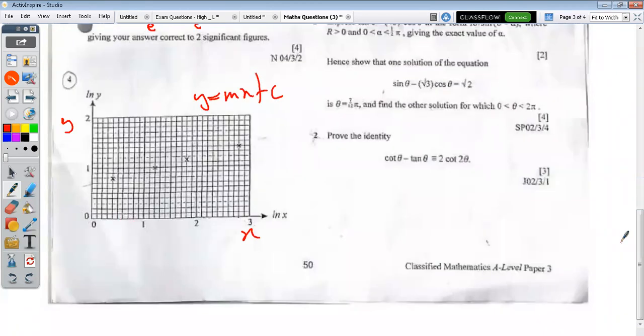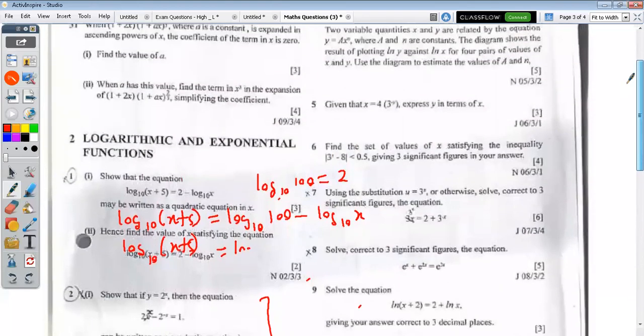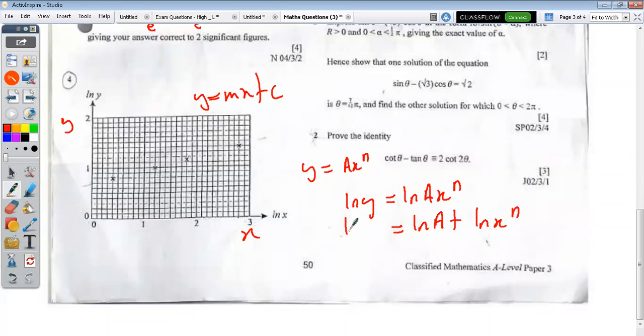So we are told that y is equal to a x to the power of n. Let's take lns of both sides. ln y is equal to ln of a x to the power of n. This is the same as ln a plus ln x to the power of n, the second law of logarithms. And this here is the same as n ln x plus ln a is equal to ln y.